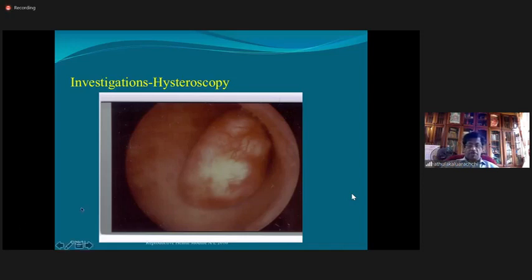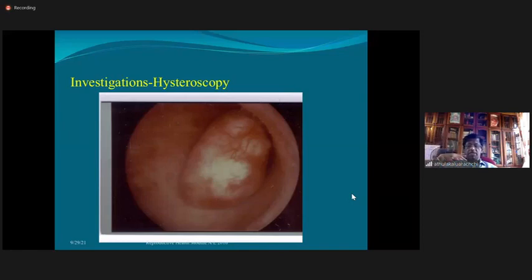You don't have to do all these investigations in a single person. In most situations, just doing an ultrasound scan is adequate. Okay.